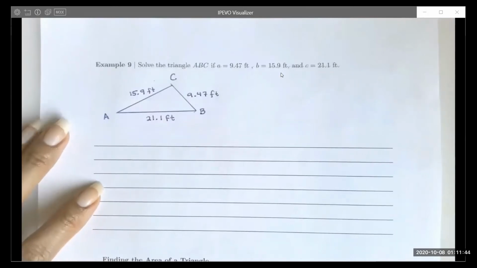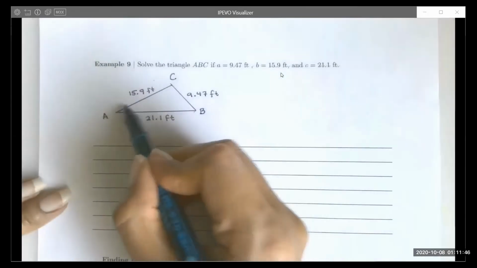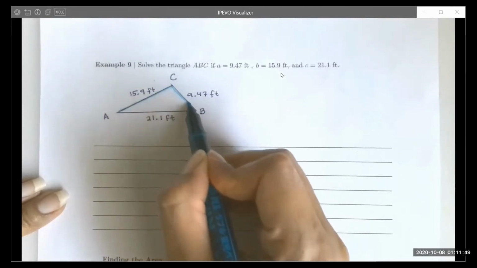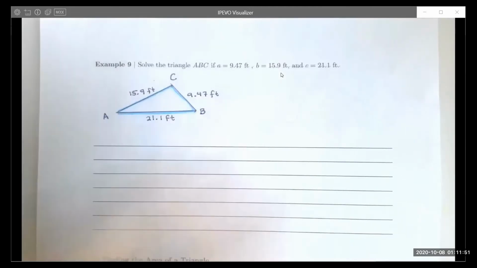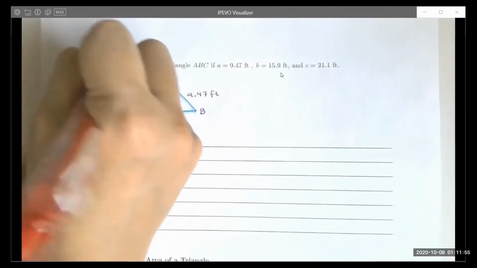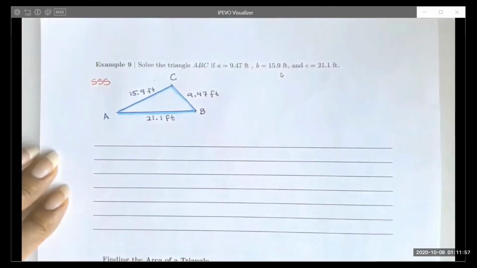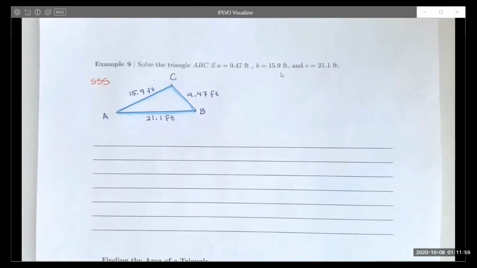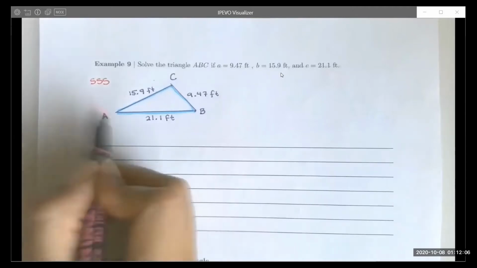Alright, so because the three sides are given but no information about the angles, this is a case of side, side, side. Which means we can still use the law of cosines to help us find the missing information. So what is missing?